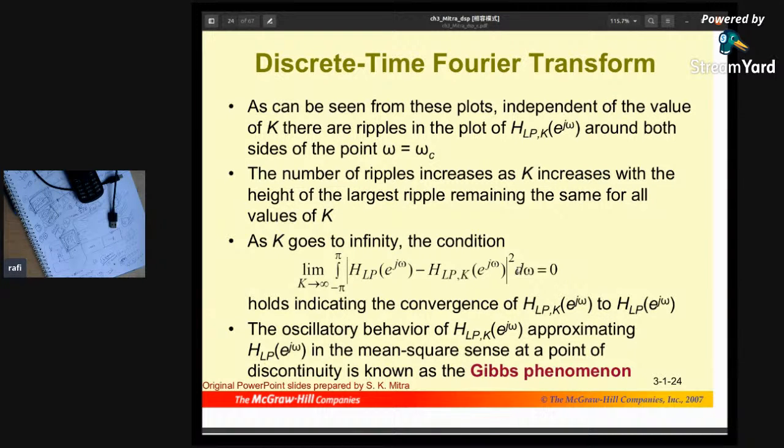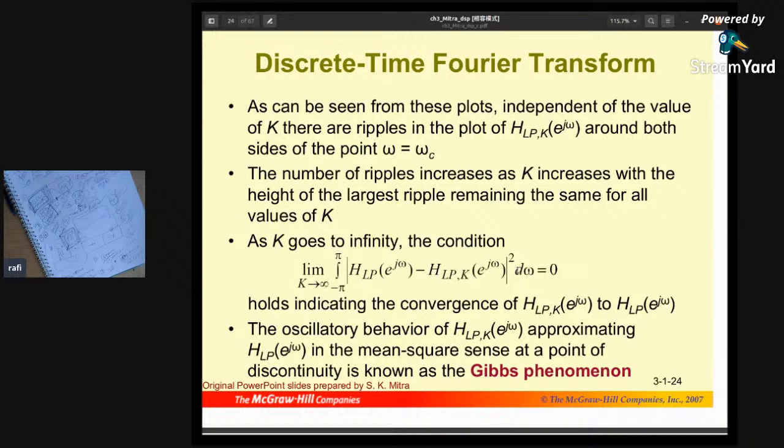So overall minus pi to pi is the fundamental frequency range of a discrete time signal. Hence H of omega, or any X of omega, the discrete time Fourier transform, is periodic with period 2 pi.